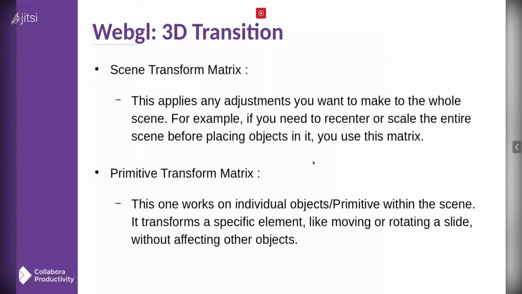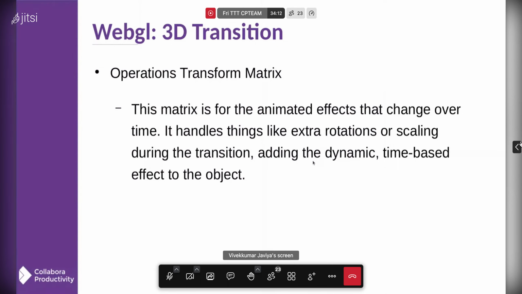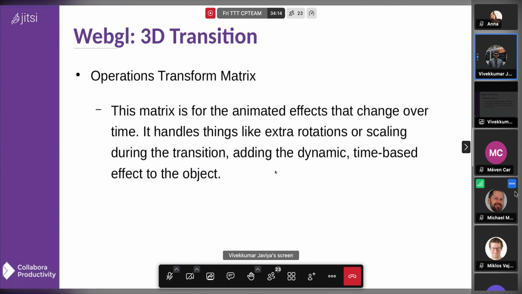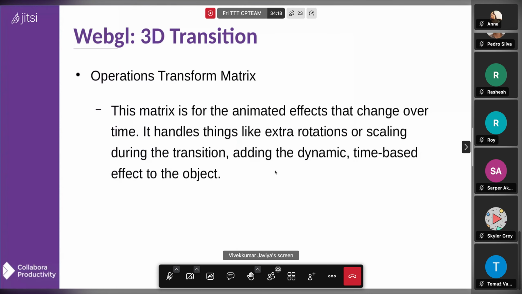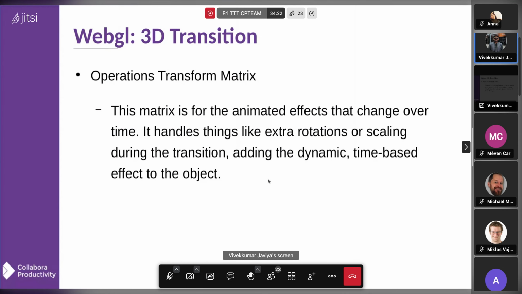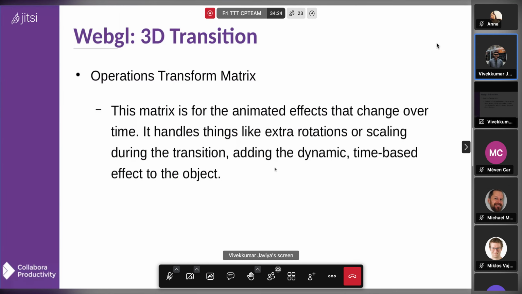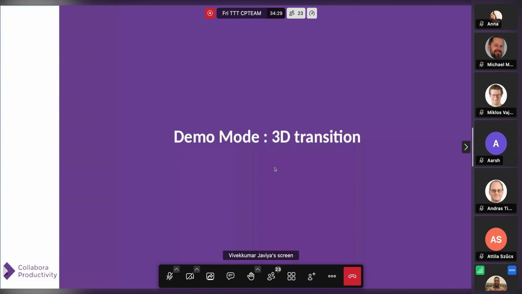It transforms it, like moving or rotating a slide, without affecting the other objects. Now, the operation transform matrix is used for animated effects and changes over time. It performs the operation that we provide, over time.